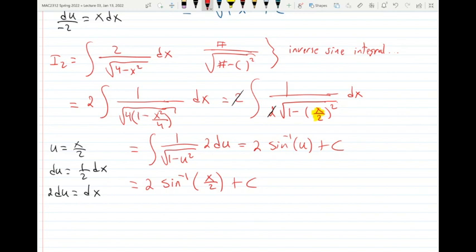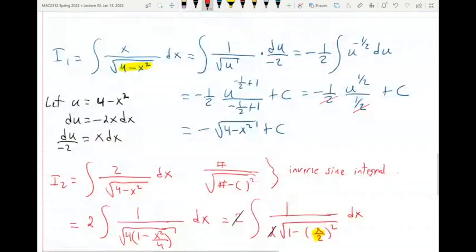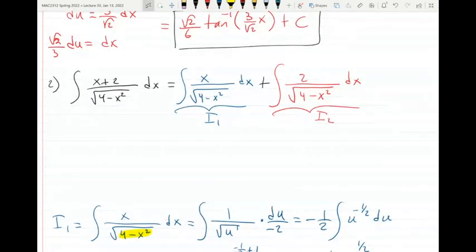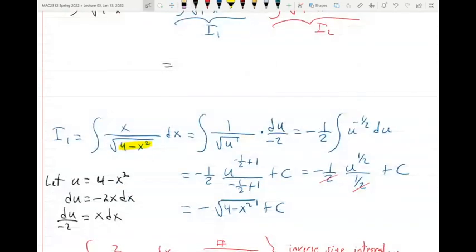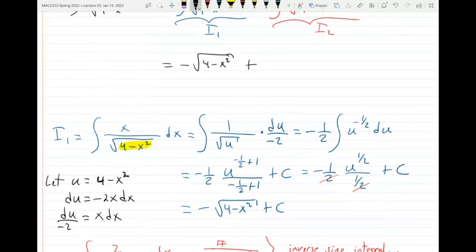So now that we have the 2 pieces, we put them back. Remember, these are just in between steps. So now the final answer is our result from the blue integral plus the red integral, right? So this is now equal to, first one was negative the square root of 4 minus x squared plus 2 arc sine of x over 2 plus x over 2, and then the constant from one integral plus the constant of the other integral, that's just another constant, because these constants are arbitrary.